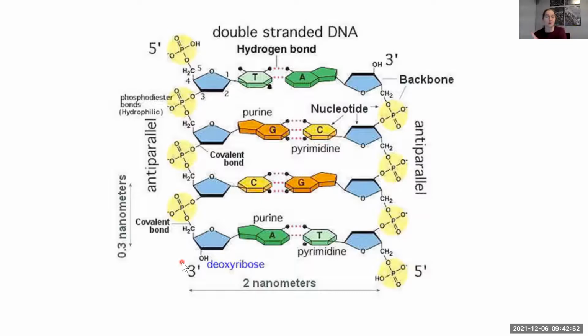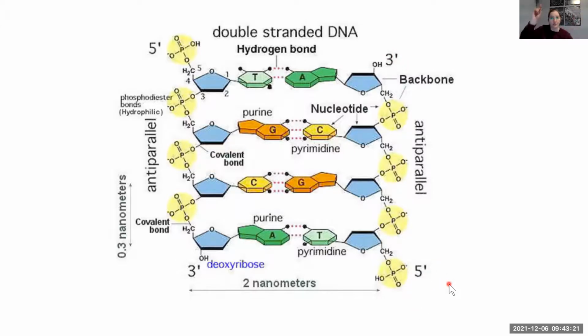If we look at our other side of DNA, note that the oxygen's now pointing down. So this is upside down compared to the side on the left. So if we count off our carbons again, going clockwise from the oxygen, it's 1, 2, 3. So now the 3rd carbon is on top, and the 5th carbon here is on bottom. So this side is going from 3' on top to 5' on bottom.